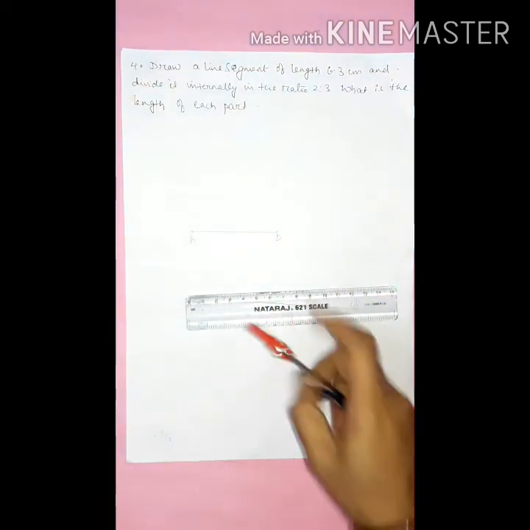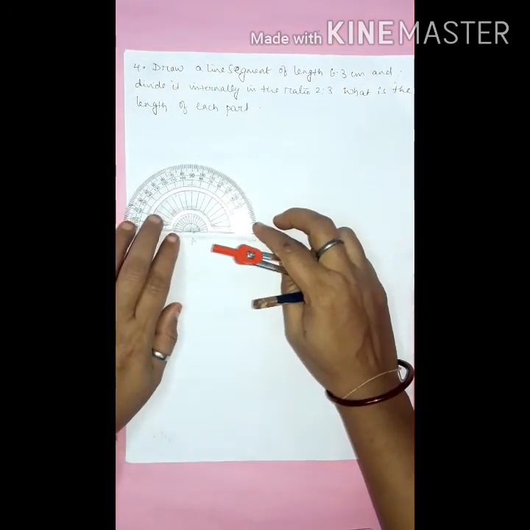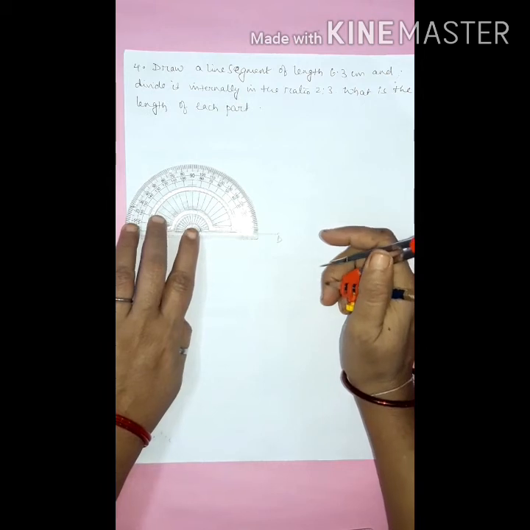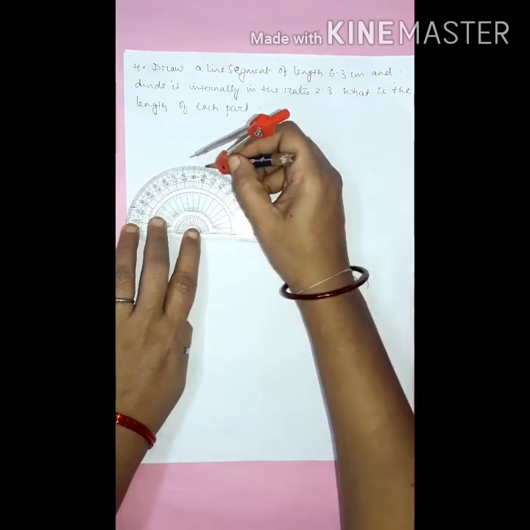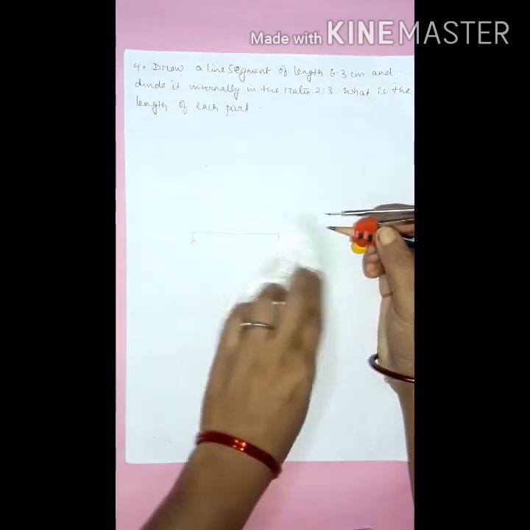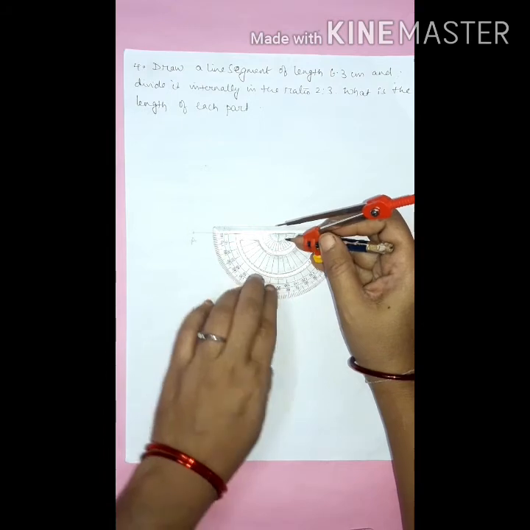Same as before, you can construct an acute angle less than 90 degree, make it 80 degree. Now construct 80 degree here.